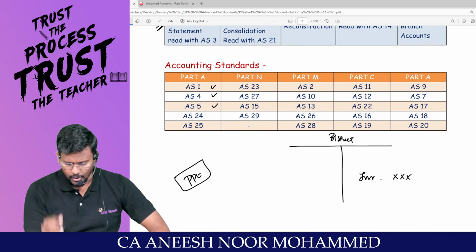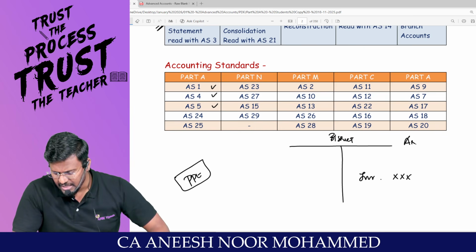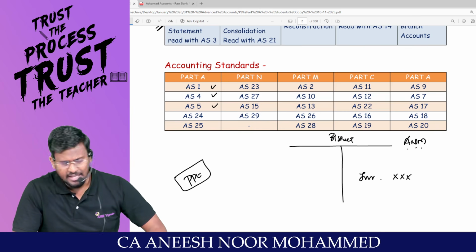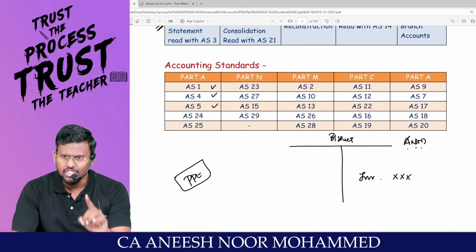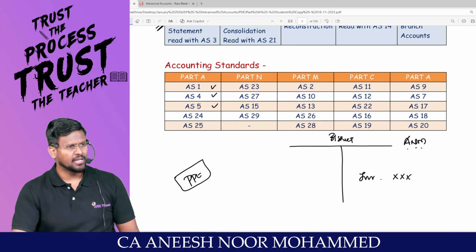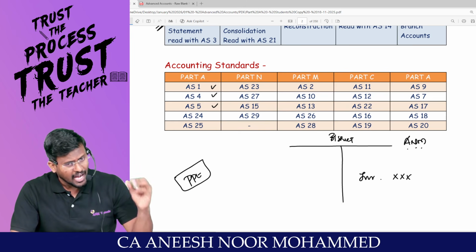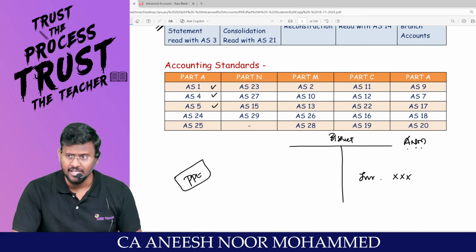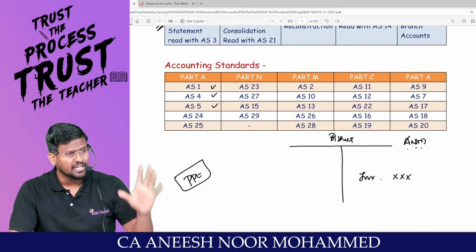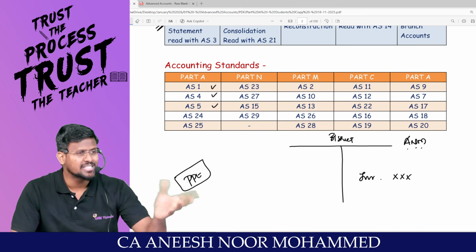My dear lovable students, if the company's name is ANM Limited, ANM has three divisions: Division A, Division N, Division M. Division A may be taking care of the hardware sector, Division N the software sector, Division M the service sector.